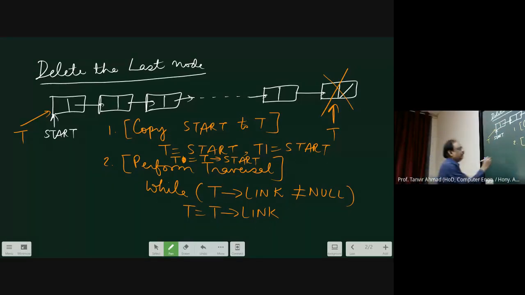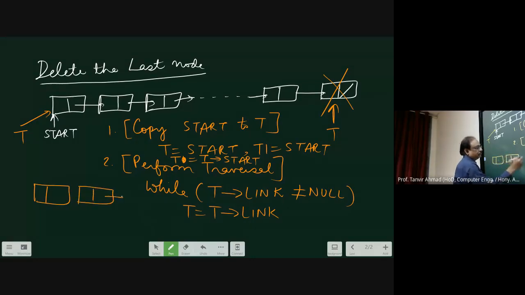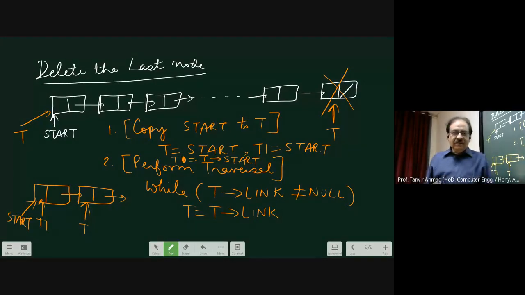In this case, what will happen? You will have like this. Do something like this. T will move one forward, T1 will be backward. And I will move T as well as T1.